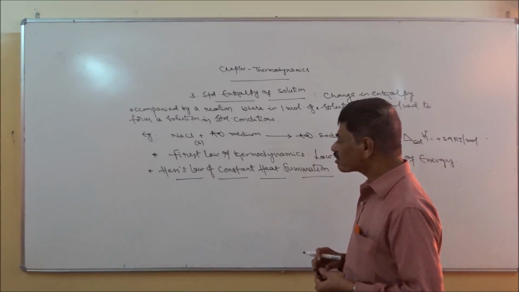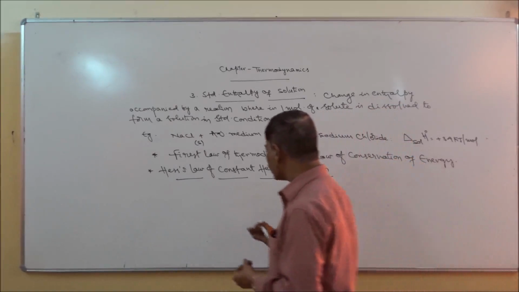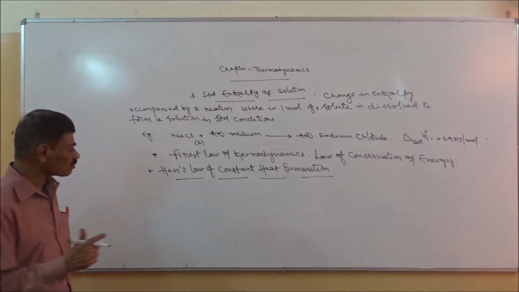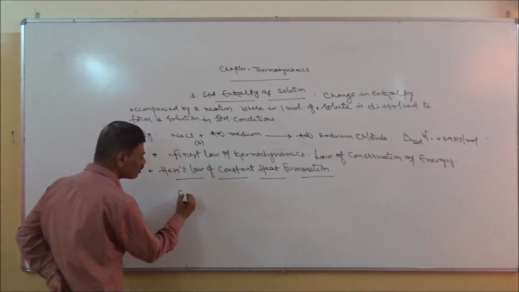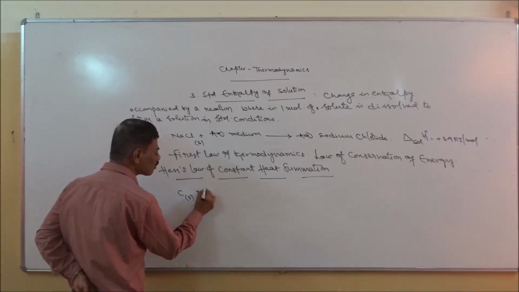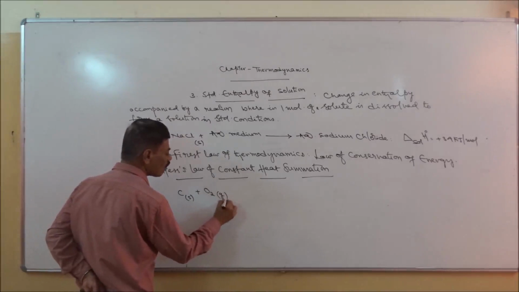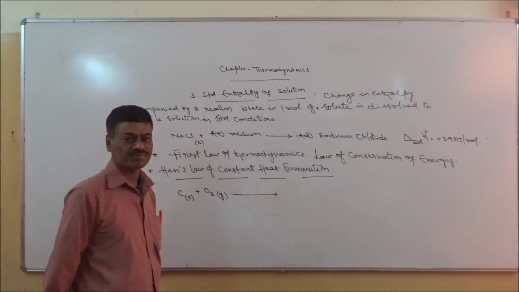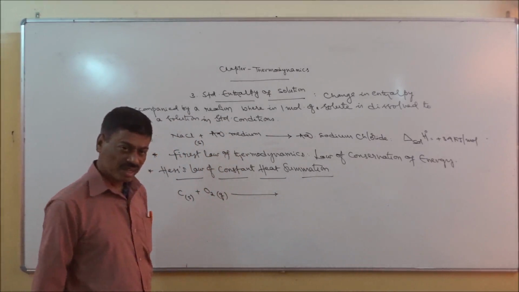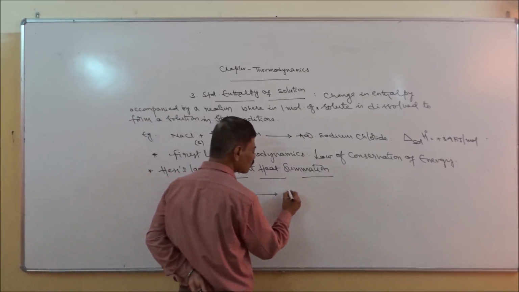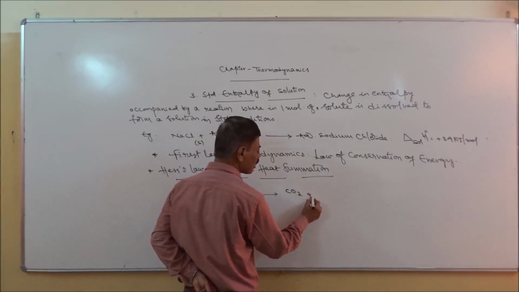Now, let us see the whole thing in the form of equations. So here carbon is solid when it combines with sufficient amount of oxygen during combustion. So we have to give energy, otherwise these two will not be combined. As a result, we will get carbon dioxide gas.